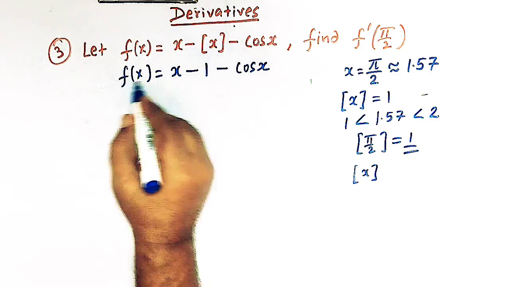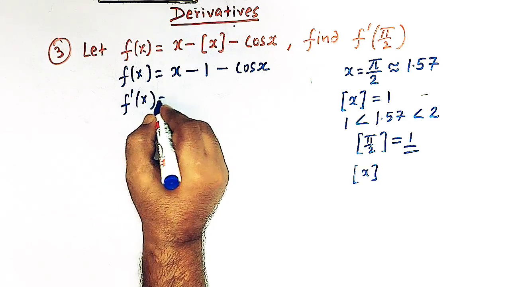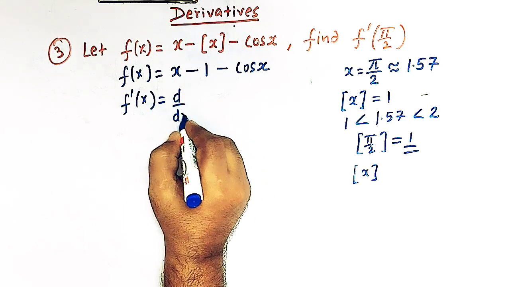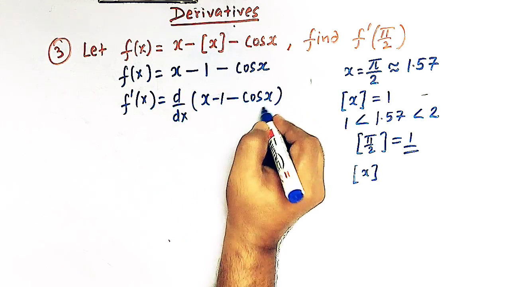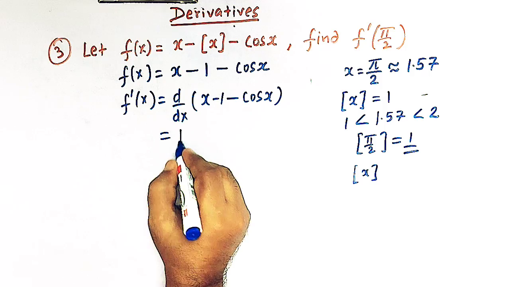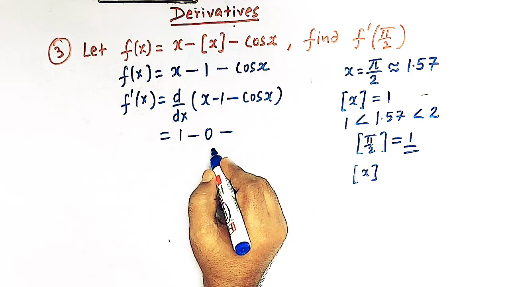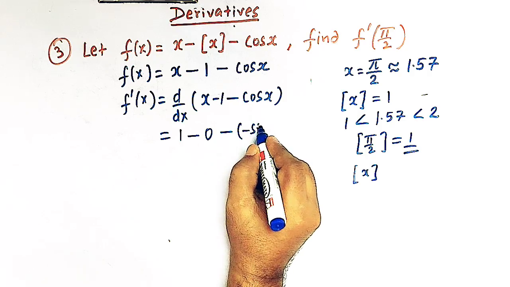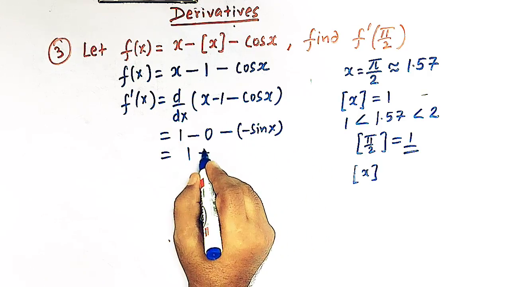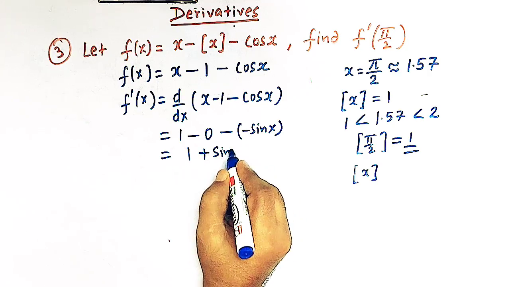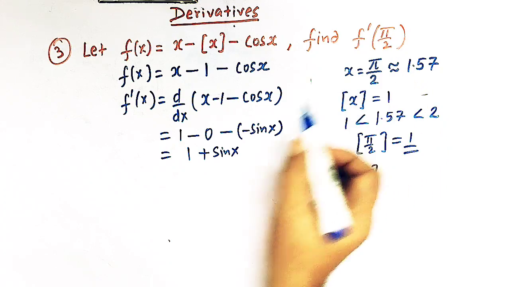So now we can differentiate f of x. So f prime of x is equal to the derivative of x minus 1 minus cosine x, and the derivative of x is 1, derivative of 1 is 0, and derivative of cosine x is minus sine x. And we have here 1, and here we have positive sine x. And now we need to find out f prime of pi by 2.